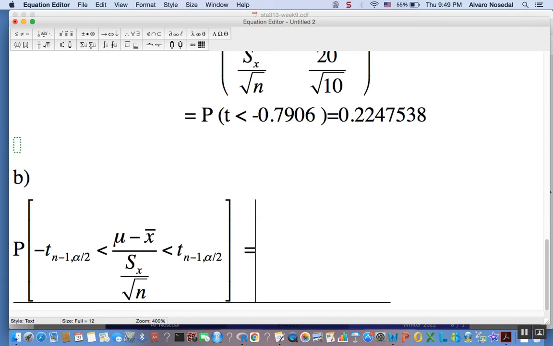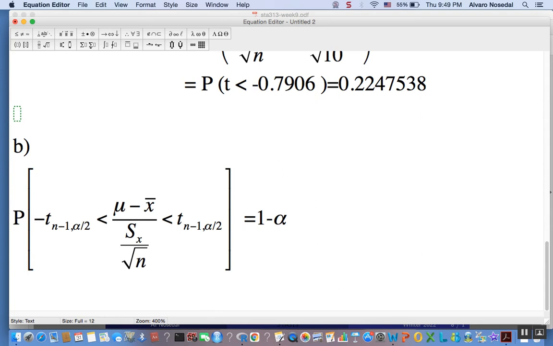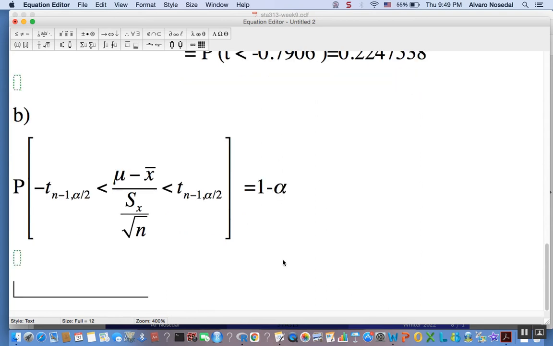And then those are going to help us satisfy that the probability between them is 1 minus alpha, right? Okay, so in other courses we have used that trick. All we have to do next is just solve for the parameter of interest, right? So in this case we just have to solve for mu.